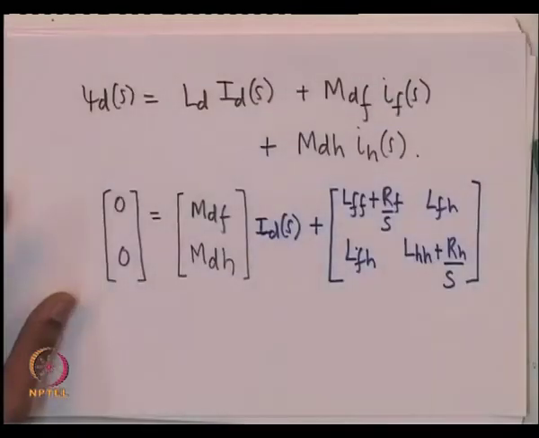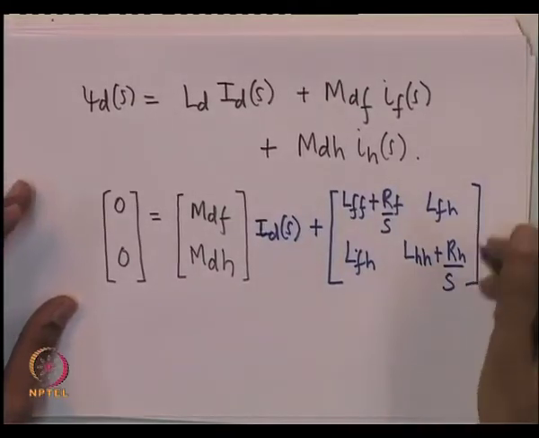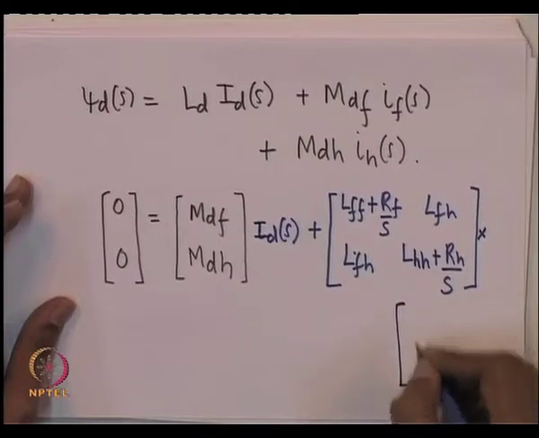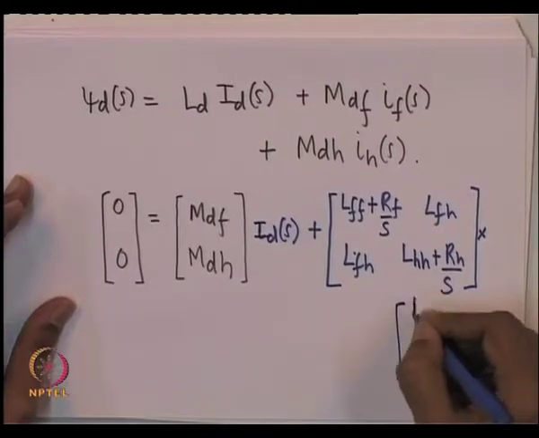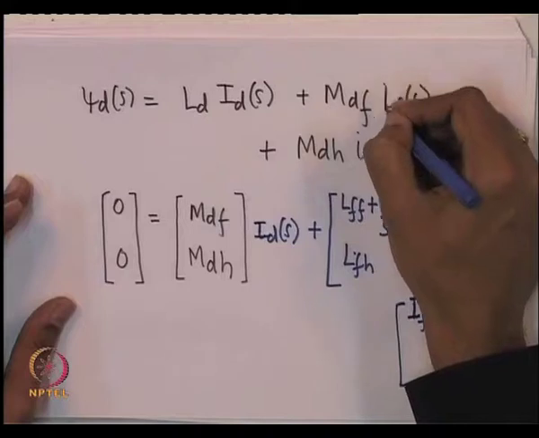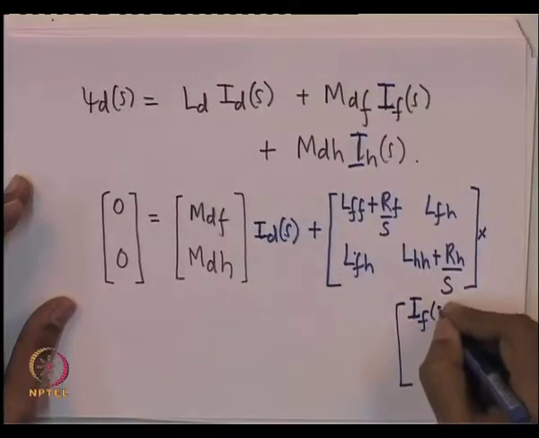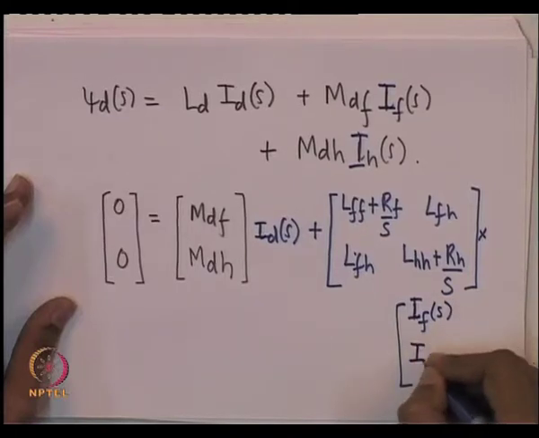Okay. So, this is basically what you get. Of course, this is multiplied by just use the word capital so as to denote that these are Laplace variables, Laplace transformed currents.